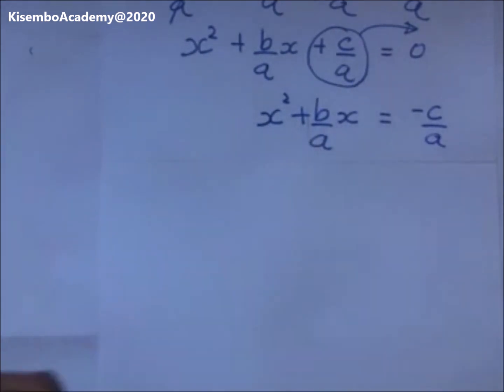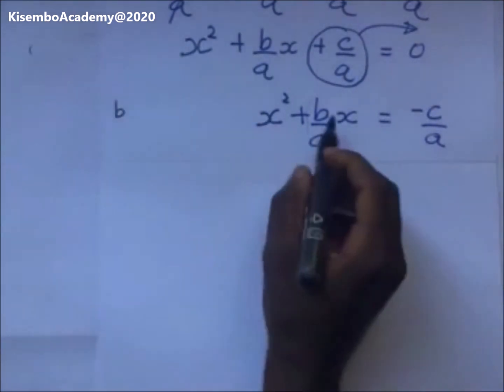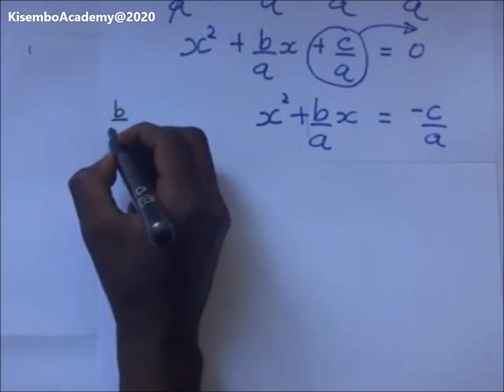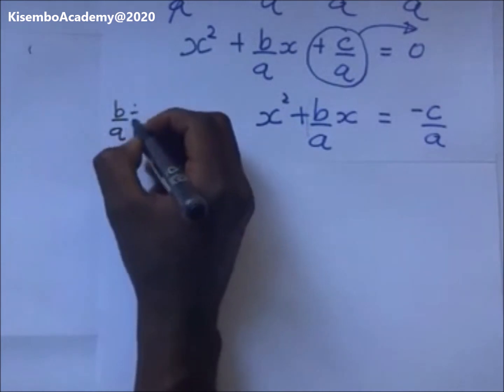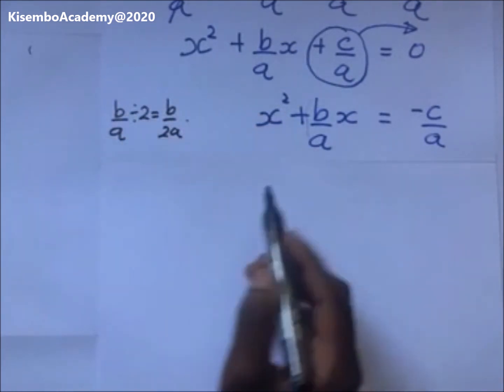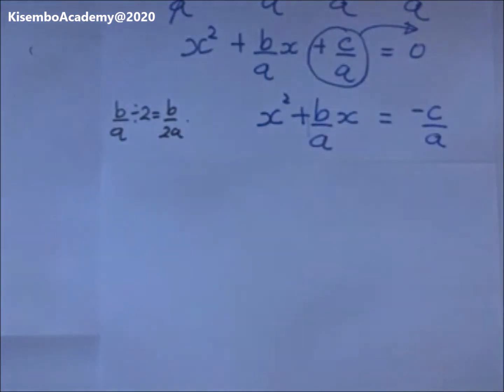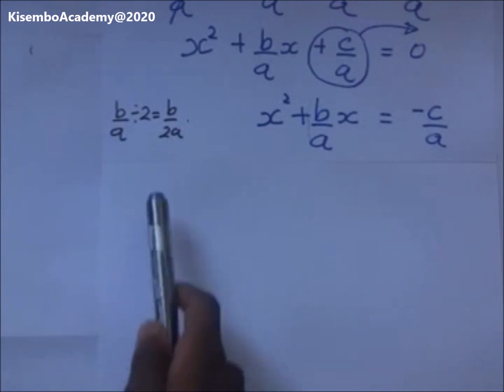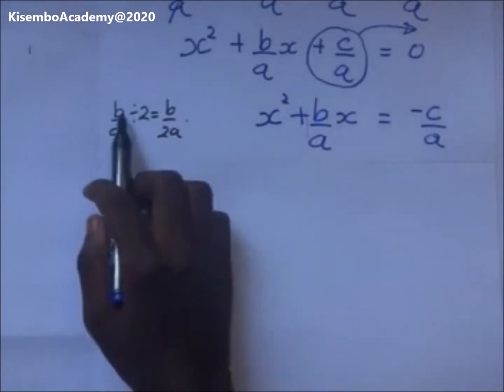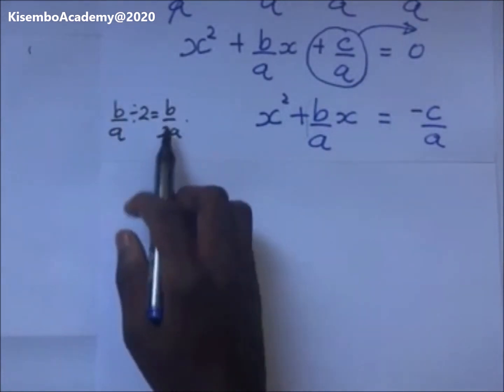Just like we've been doing in our former videos, we divide the coefficient of x by 2. b over a divided by 2 gives us b over 2a.